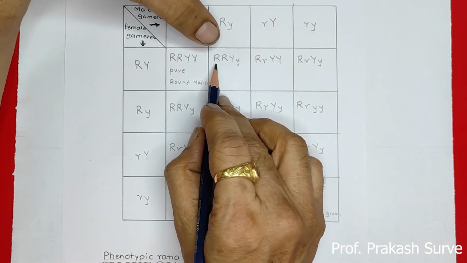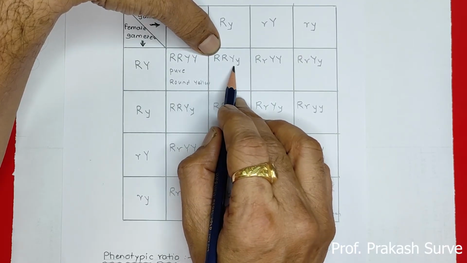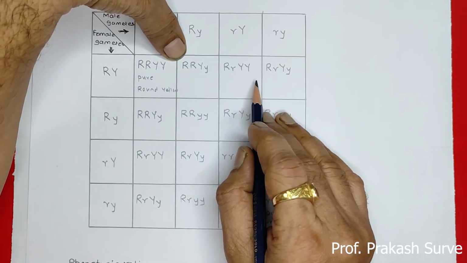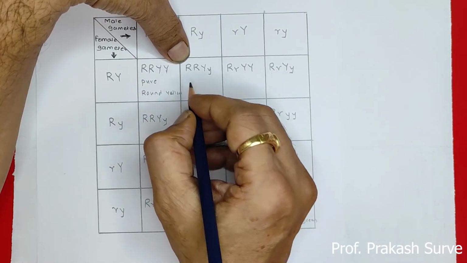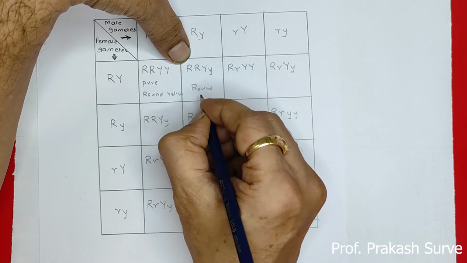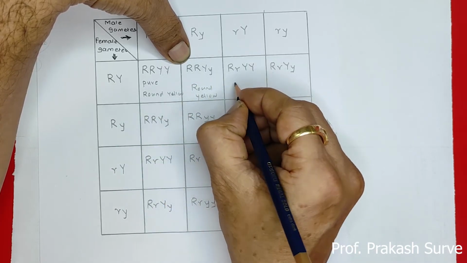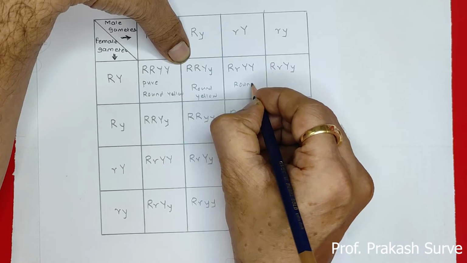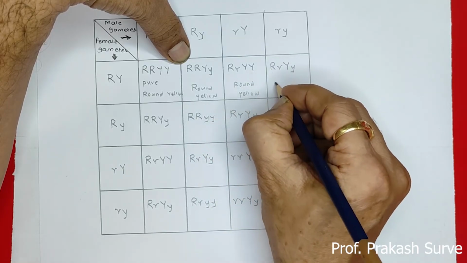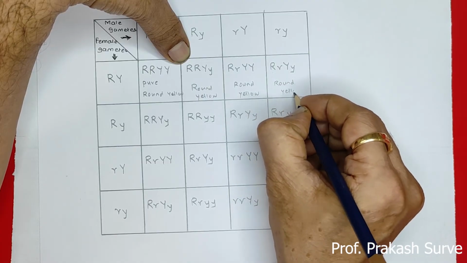Now next, here what we get: one capital letter R is there, capital Y is there. So round yellow, this one is a hybrid one. Here also the round and the yellow. Here also a capital letter is there, round and yellow. So these all are round yellow, but they are the hybrid ones.